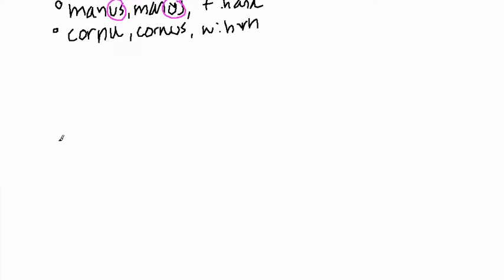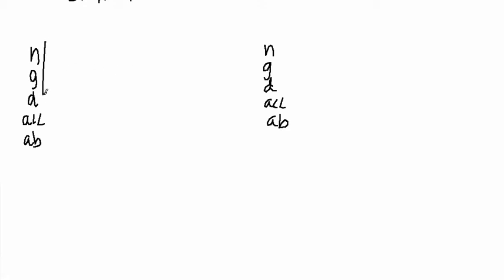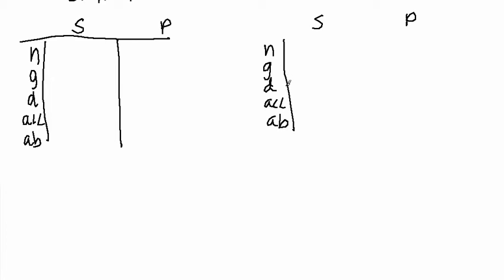Let me scroll down so we have more room. Okay, and I'll draw my charts again. Nominative, genitive, dative, accusative, and ablative. And again, for the neuter, nominative, genitive, dative, accusative, ablative, and I'll draw the charts with the two columns, one for singular, one for plural, and the same for neuter.